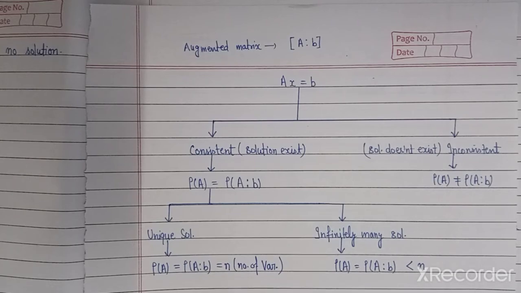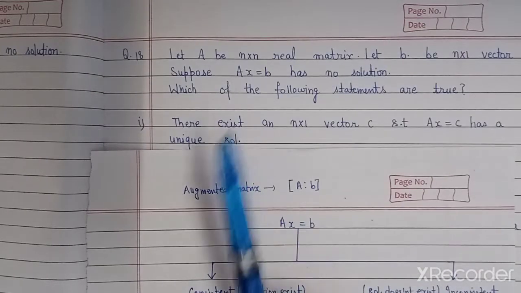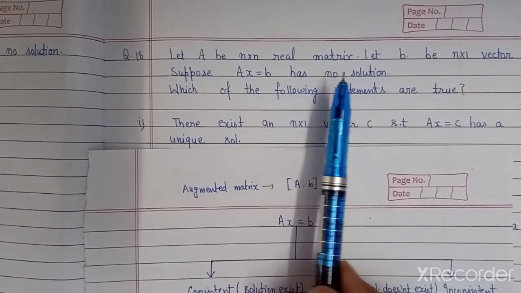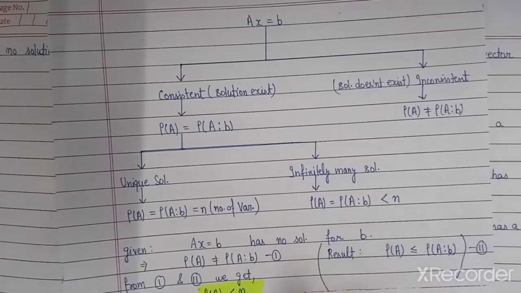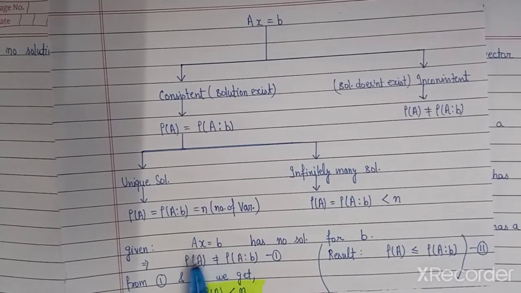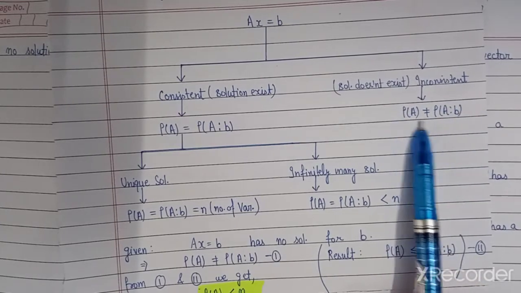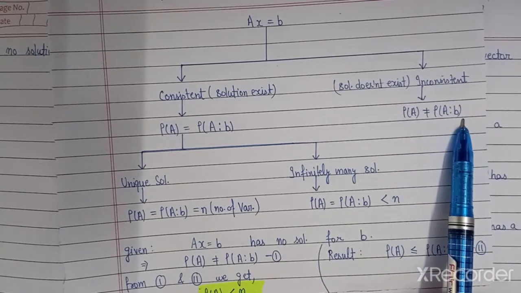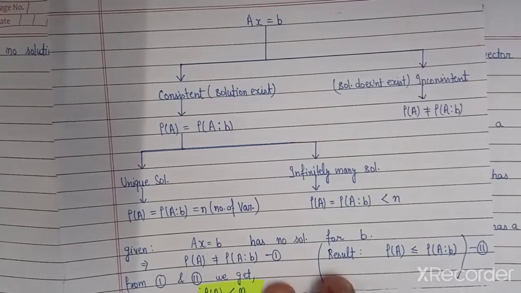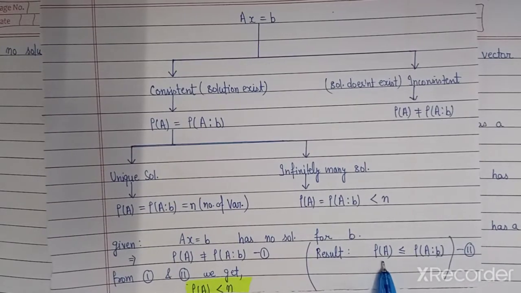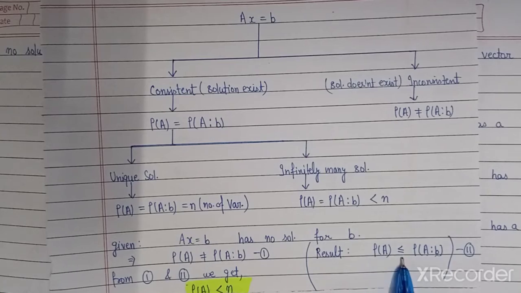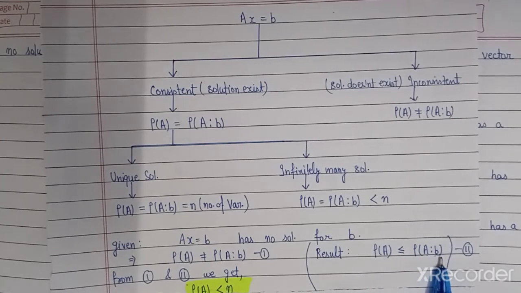In the question it is given that Ax = B has no solution. This implies, by this condition, rank of A is not equal to rank of A augmented B. And also we have a result that rank of A is less than or equal to rank of A augmented B. Why?